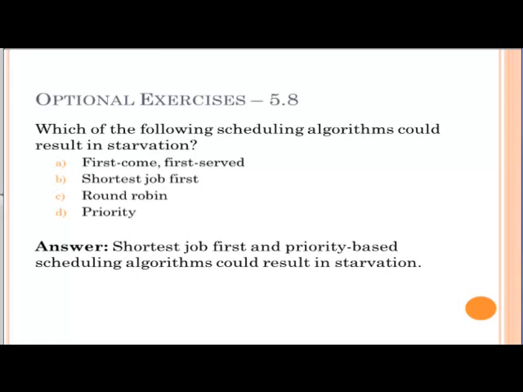What if I have a low priority, and every process that comes in is always going to be a higher priority? Well, that means as long as it's processing, those higher priorities will always be done first. So anything with a low priority, as long as there are higher priorities coming in, will never get done. So the answers are B and D. Does everybody understand that? A and C will always continue till all of them are done. It will not stop.